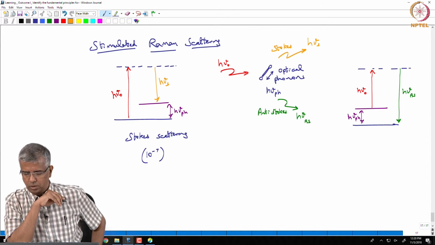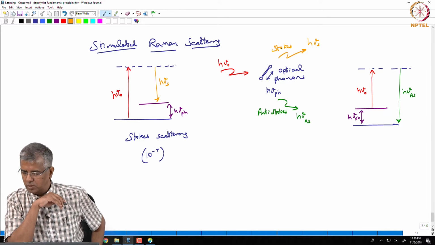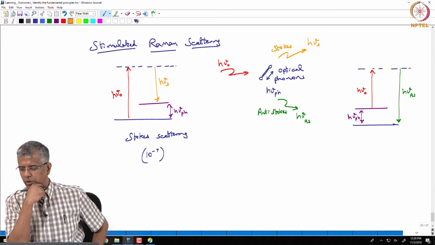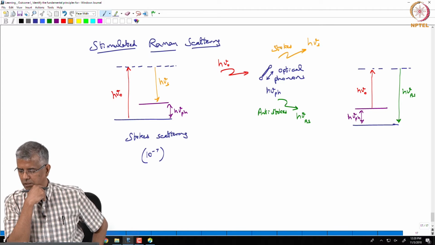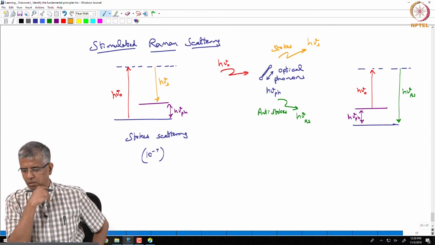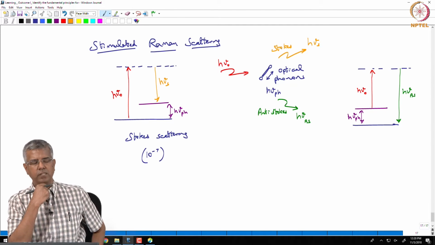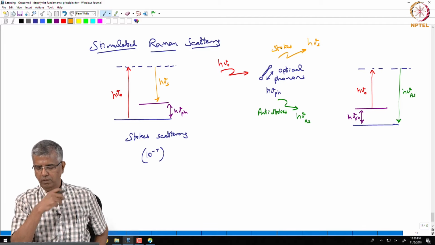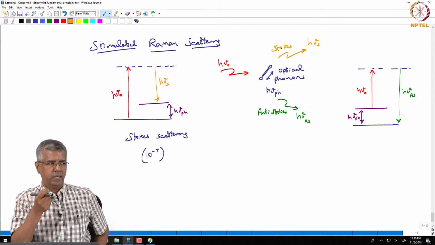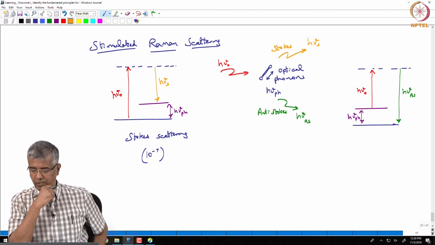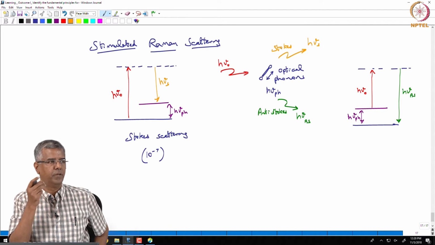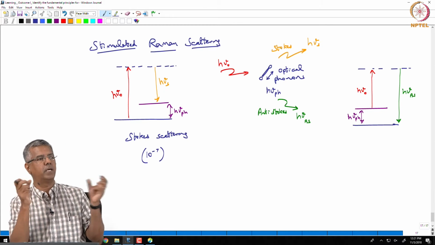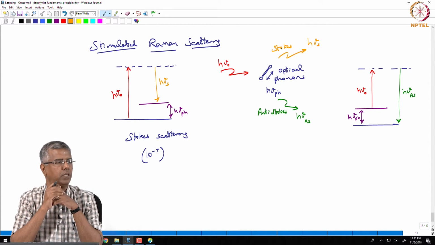Okay. So, this anti-Stokes component is very good for sensing applications, because one of the major reasons why a molecule will be in an excited vibrational state would be temperature. If you heat up the material, all these atoms are bouncing around their mean position, so it is all in a vibrational state.